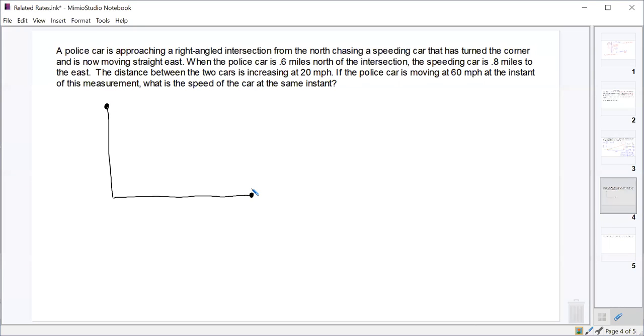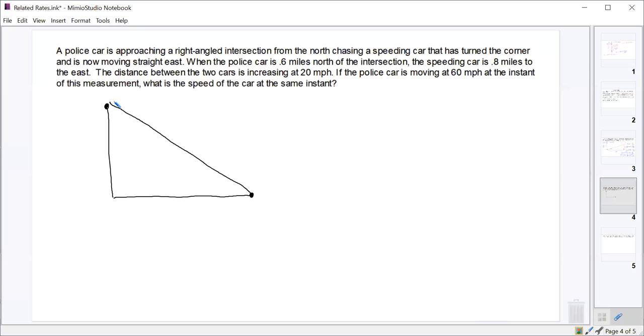Okay. And we are given some information that when the police car is 0.6 of a mile north of the intersection, the speeding car is 0.8 of a mile to the east, and the distance between them is increasing at 20 miles an hour. The distance between them would be the hypotenuse here, right?